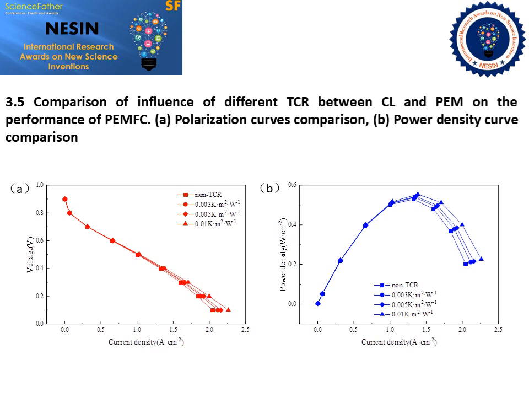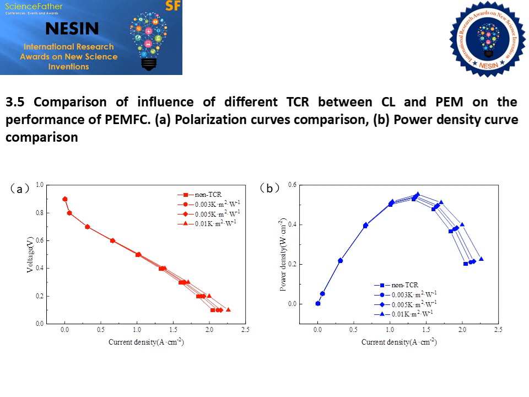A is the polarization curve, B is the power density curve, and it can also be seen from the figure. This is the comparison of PEMFC performance improvement by different values of TCR between CL and PEM, from which it is found that when the TCR between CL and PEM is 0.003, 0.005 and 0.01, the cell current density is improved by 2.3%, under the condition of 1.2 amperes per square centimeter cell current density.